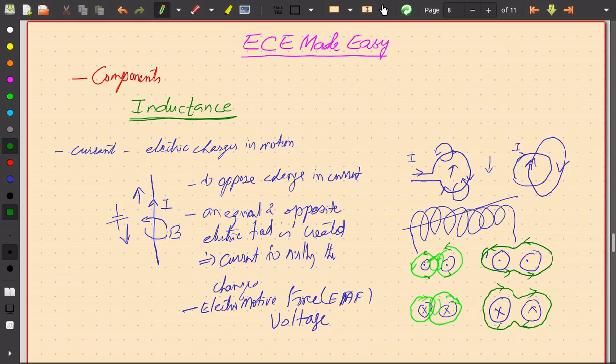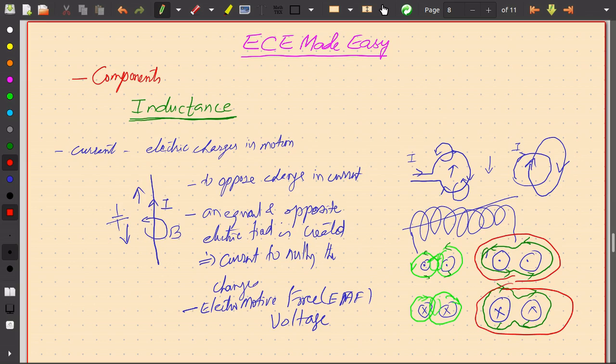Just look at it, these two are in the same direction, so they add up each other, and in turn these two together are aiding each other, and the magnetic field produced by each turn gets added up, and hence we have a total magnetic field which is the sum of the two.